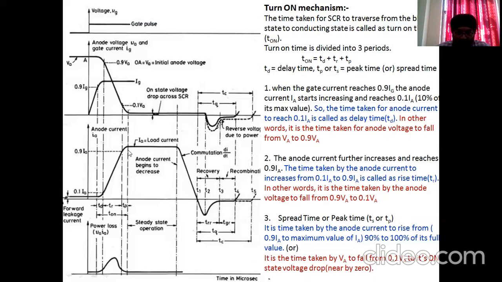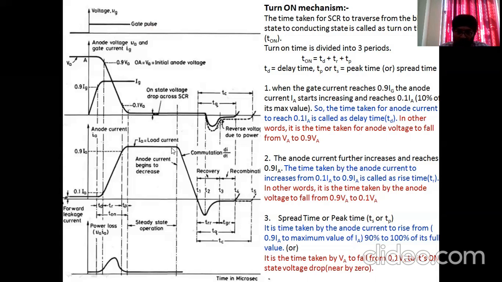So now this anode current is fully flowing in the device or in the circuit, like load current. And now the voltage is in steady state in that particular SCR at the on-state voltage, which can be 1 volt to 3 volts. So that on-state voltage in the device, 1 to 3 volts, is also called residual voltage.